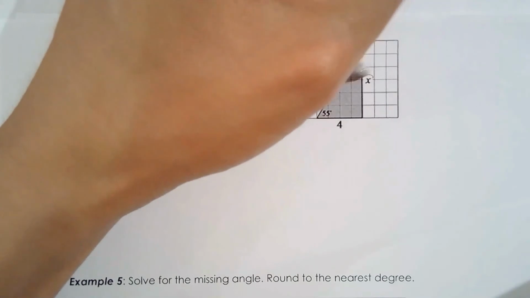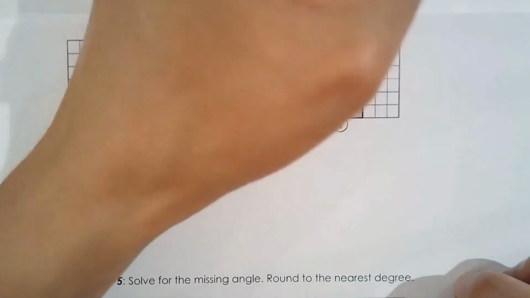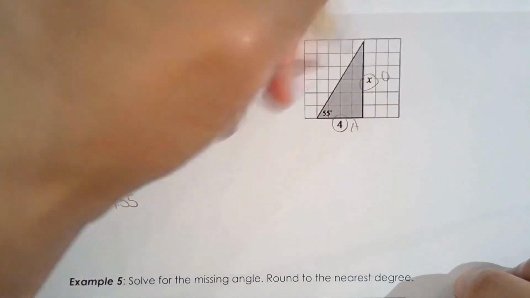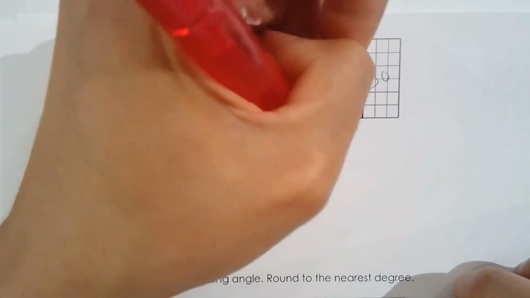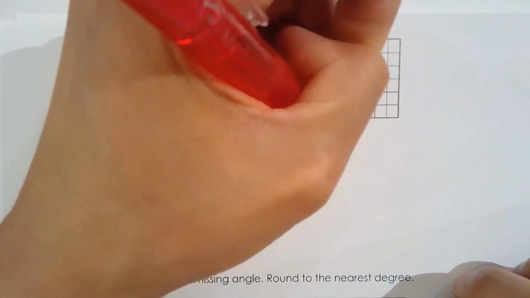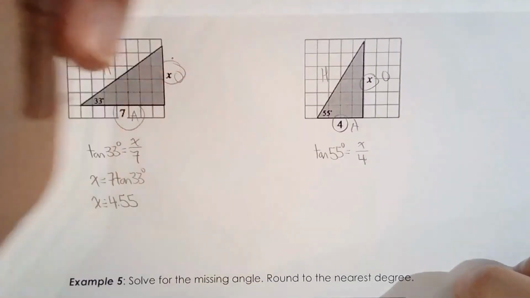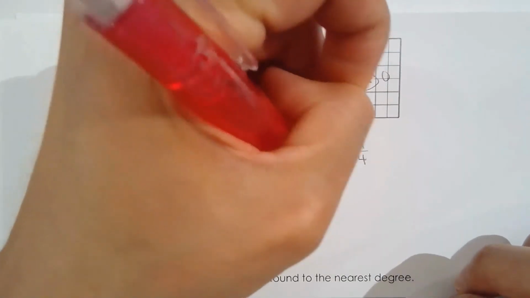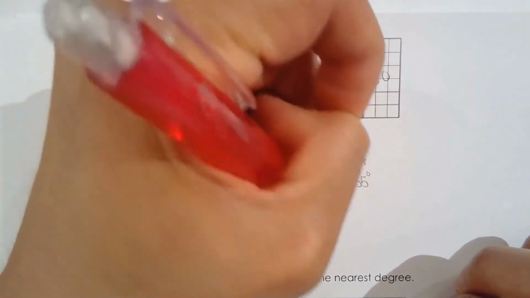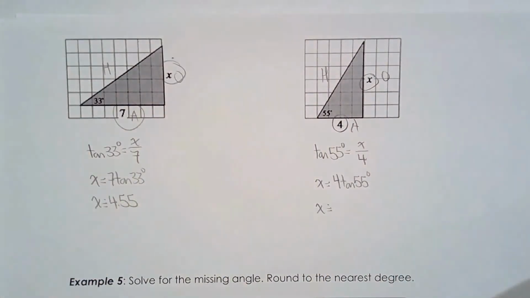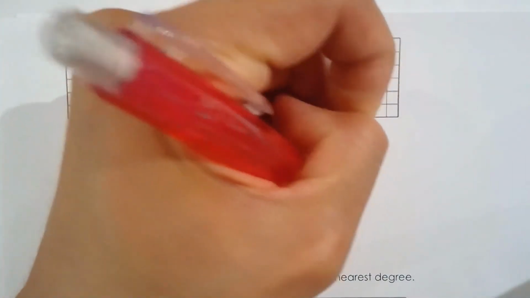So what about this one? We're looking at opposite, adjacent. So tan it is. All right, let's see what 4 tan 55 degrees is. 5.71 about.